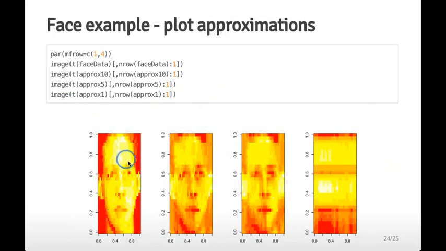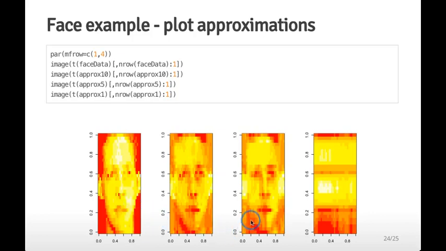On the left here, you see the original image itself. The next picture over is the image you get if you only include the top 10 singular vectors. We've eliminated a lot of the data and stored only a much smaller subset, and you can see that you get very close to the original image.